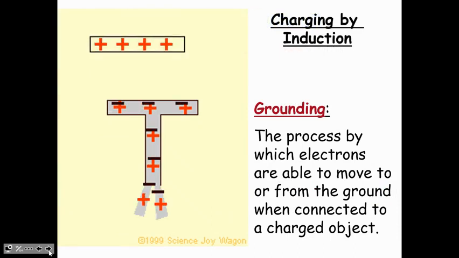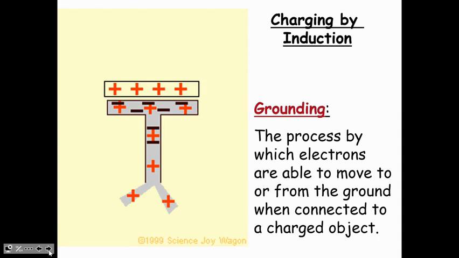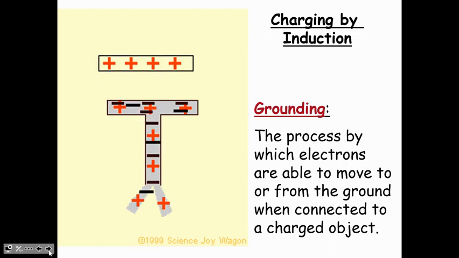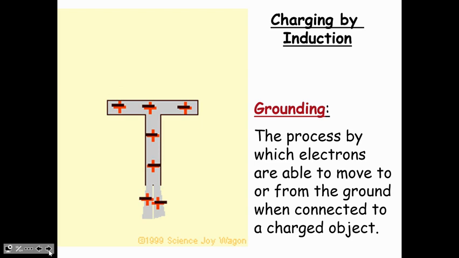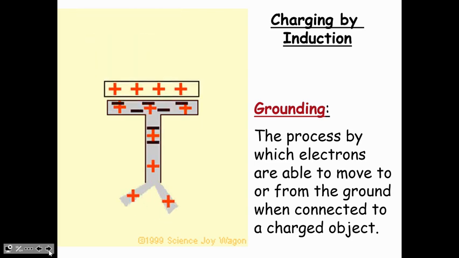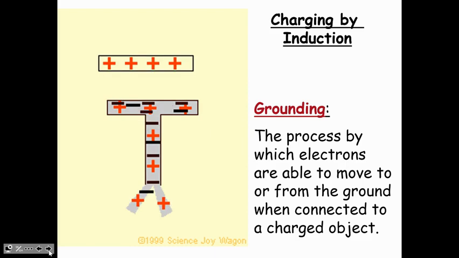Here's what this looks like, step by step. Bring it close to but not touching. You could ground the electroscope in this case, drawing electrons into the electroscope, making it negative. So a positively charged object used in charging by induction will draw electrons from ground to make the electroscope negative.